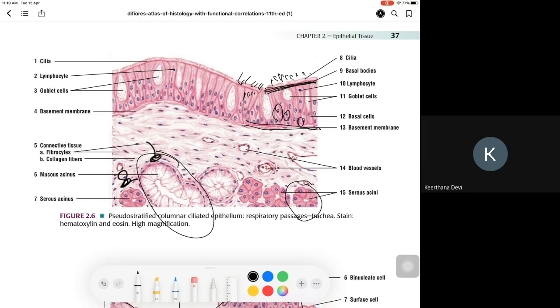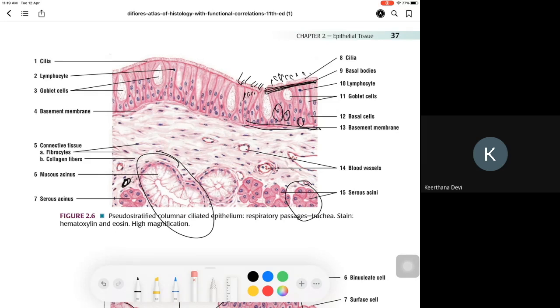And see the difference. See here, the cells are tall columnar cells with an empty top portion, isn't it? So these are mucin secreting. That's why it is known as mucinous acini. I will remove that. Now you can appreciate tall columnar cells with mucin in the apical portion. That's why it is mucinous acini.